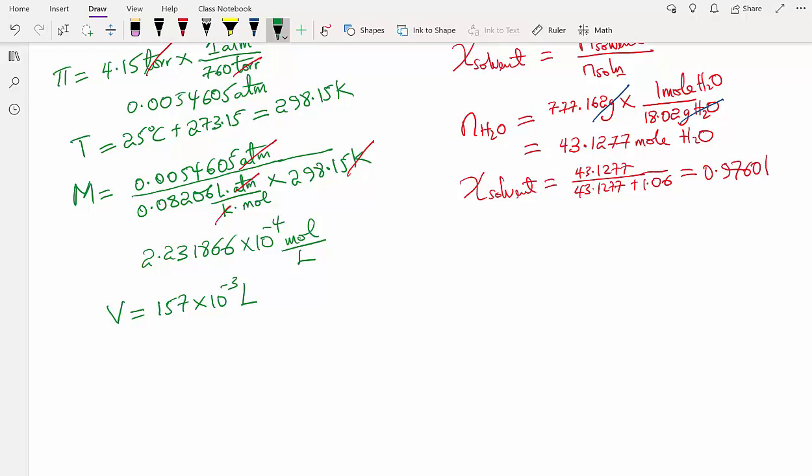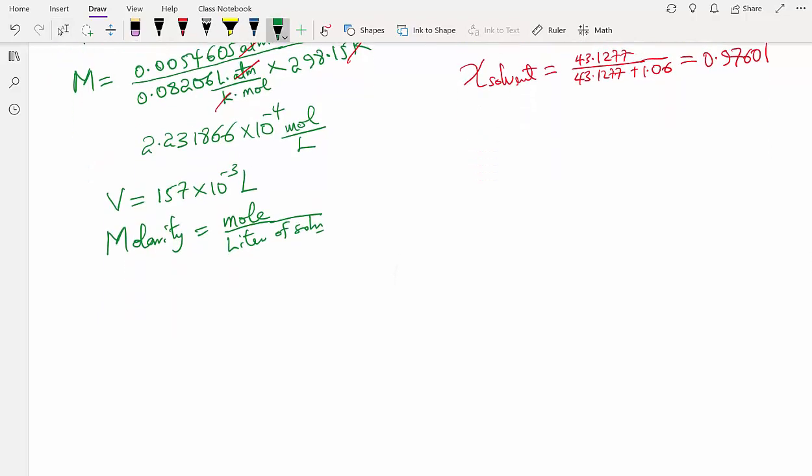And we know that molarity is equal to moles per liter of solution, which implies that mole will be equal to molarity multiplied by liter of solution.